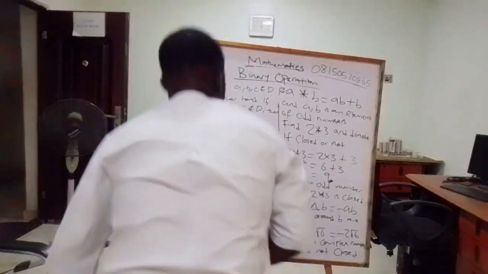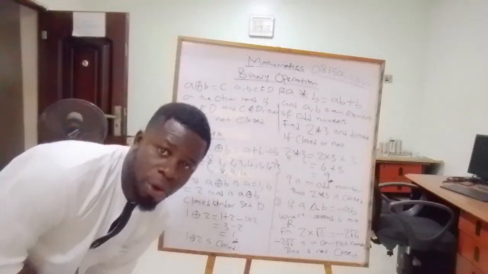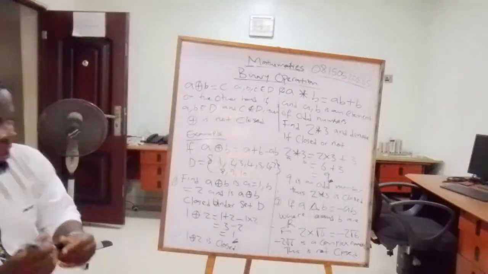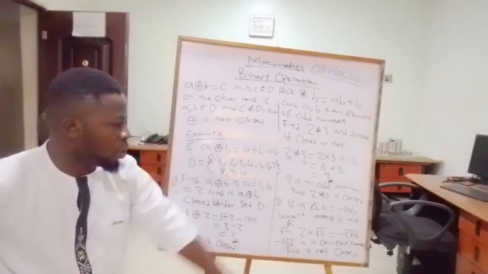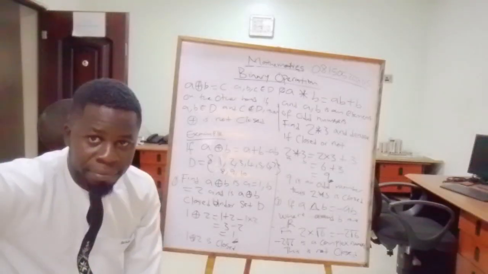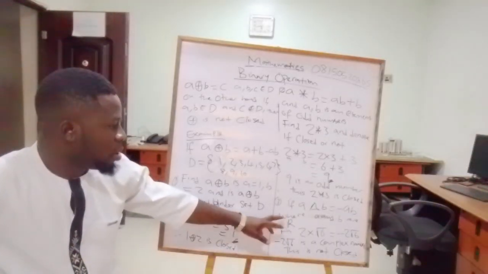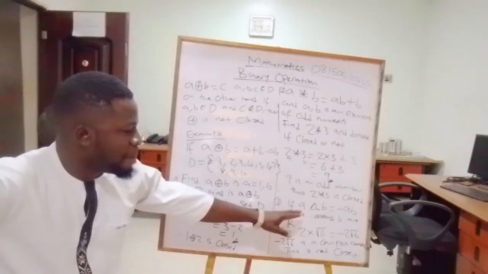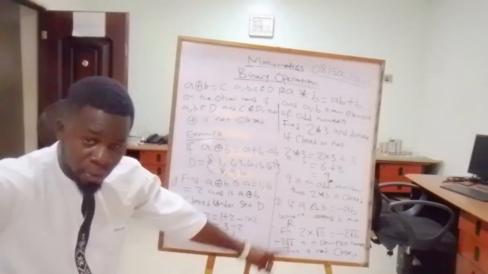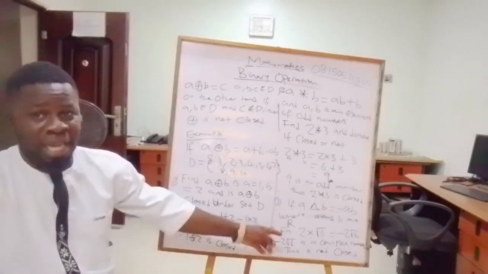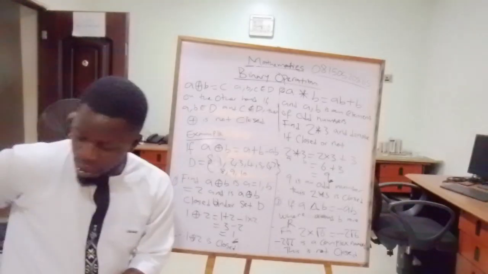So you can see that in this scenario, this is not closed. If A operation B is giving us minus AB, and we are told that A and B are in R, this capital R represents real numbers.